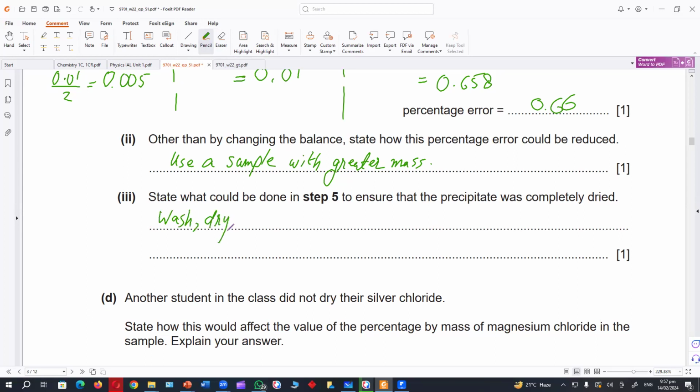Wash, dry, and wait until mass becomes constant.